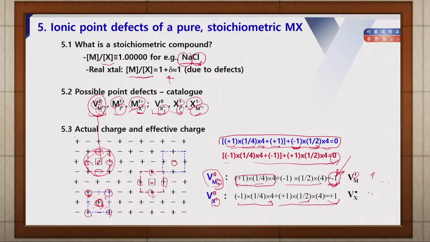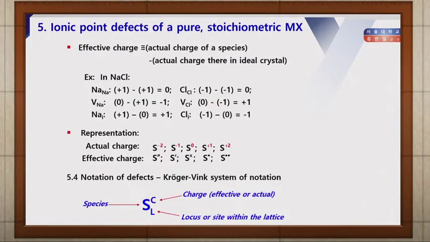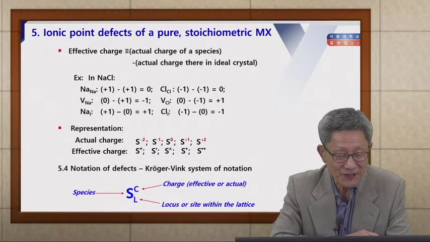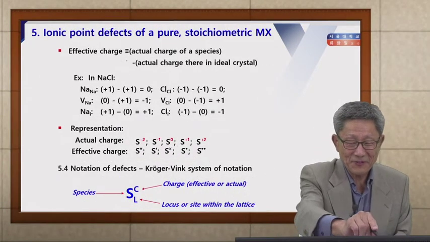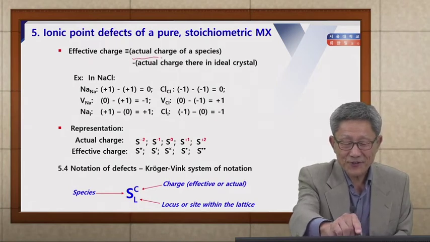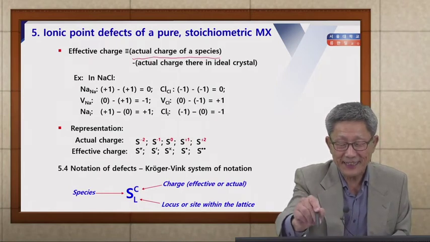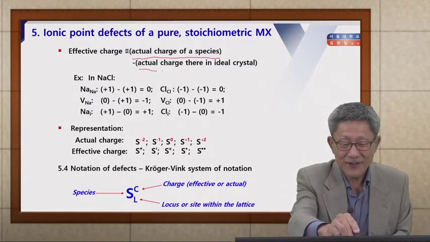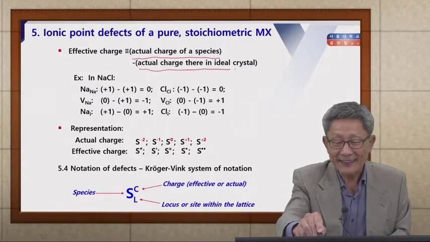So you have to be able to distinguish actual charge and effective charge. Let me redefine the effective charge once again. Effective charge is the actual charge of a species sitting at a site minus the actual charge there in an ideal crystal.